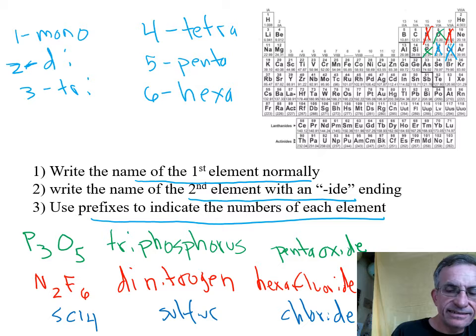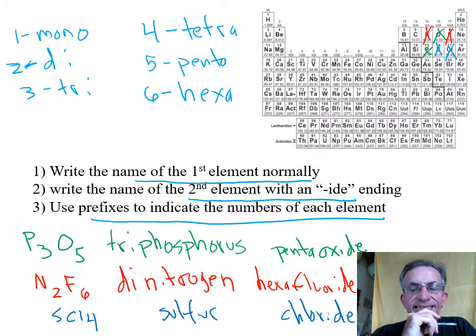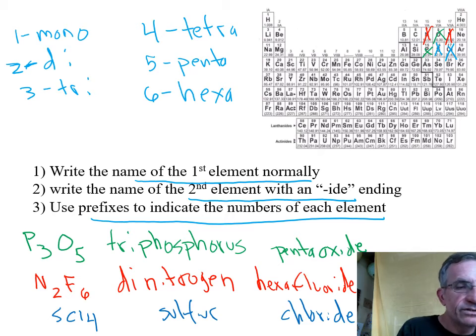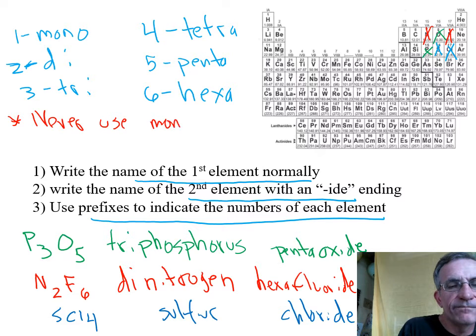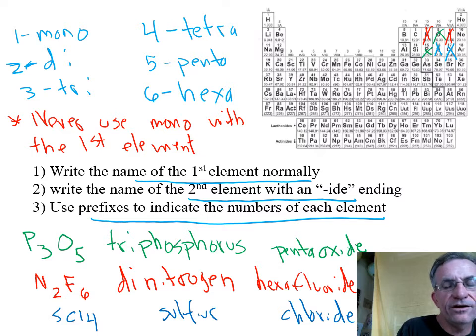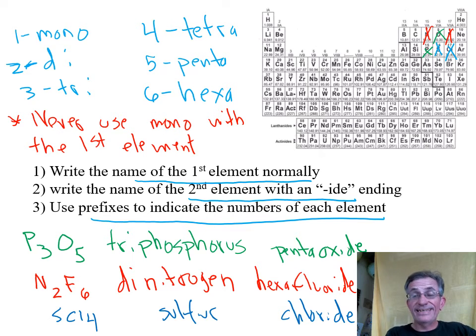Now this example, there's something a little different about it, I got to tell you. When I talked about all these prefixes and how they tell you the amount, there's a little extra rule here. Never use mono with the first element. So you will see mono in names, but only if it belongs on the second element, all right?